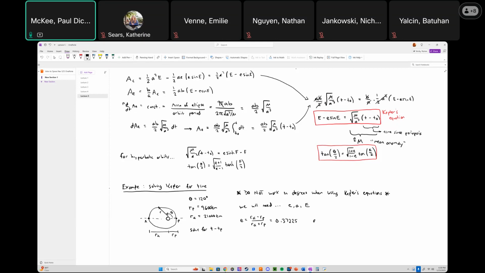And semi-major axis is just the average of radius of perigee and radius of apogee, which works out to be 15,300 kilometers. Okay. Now, if we want E, then we'll need to take this equation here and solve it for E. E works out to be 2 tangent inverse of the square root of (1 minus e) over (1 plus e) times tangent of theta over 2.